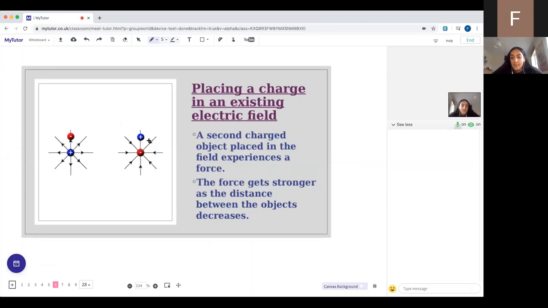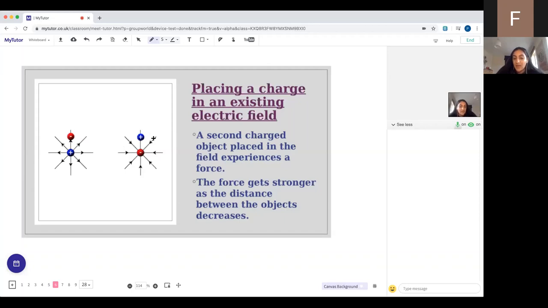Now, what would happen if we were to place a charge in that existing electric field? Well, if we place a negative charge in a positive charge's electric field, they're going to attract.